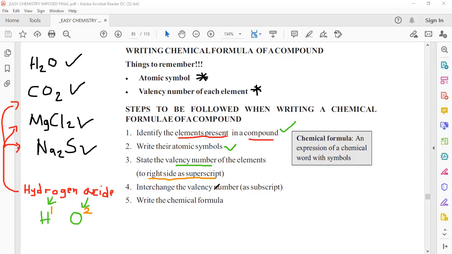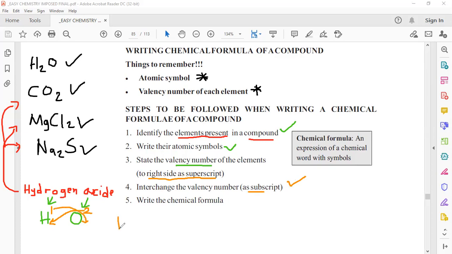From there, the fourth step states that we have to interchange the valence numbers to make them subscripts. By interchanging, it means this one comes there, and this one goes there.